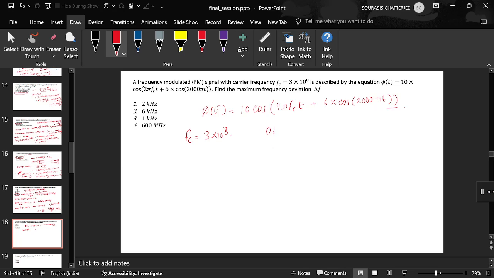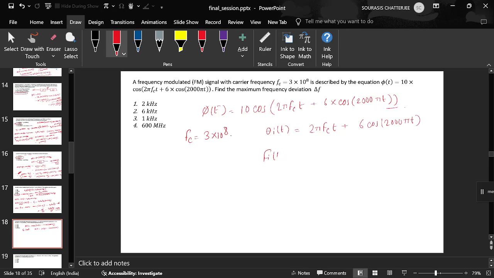So instantaneous phase theta i(t) is given as 2 pi fc t plus 6 times cos 2000 pi t.